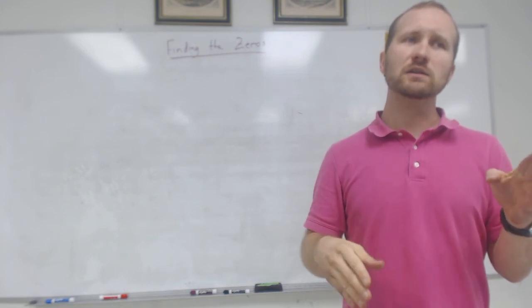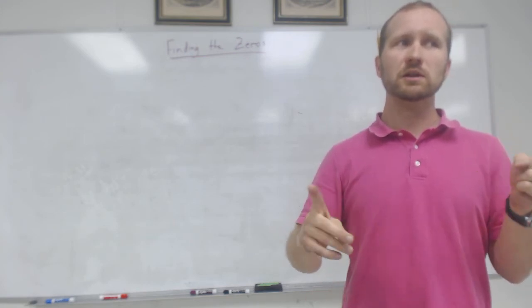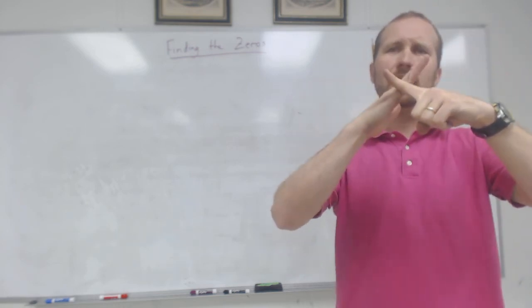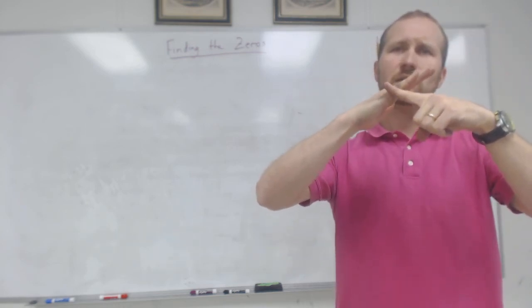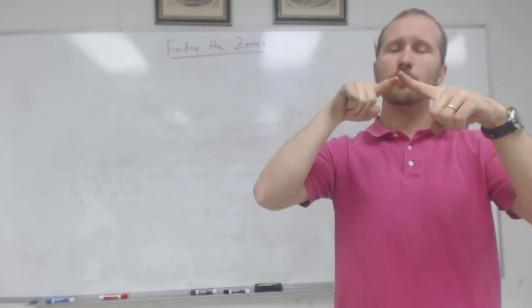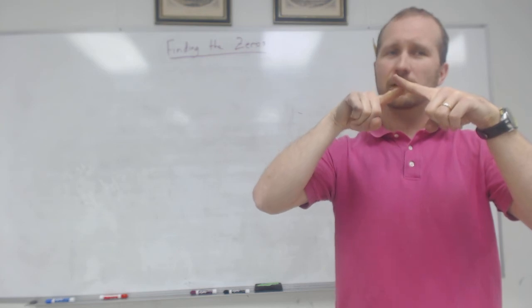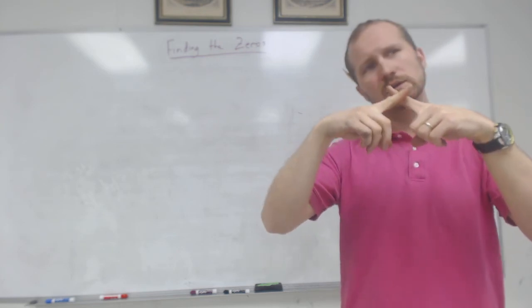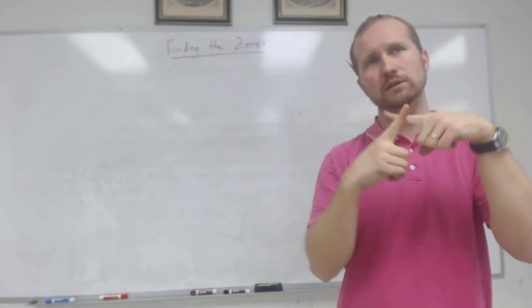Technically, a system of equations is what? You guys remember the solution? If I've got one line and then a second line, a system of equations, when I solve it, tells me that point where they intersect, right? So in a system of equations, I was trying to find the point where two lines intersect.